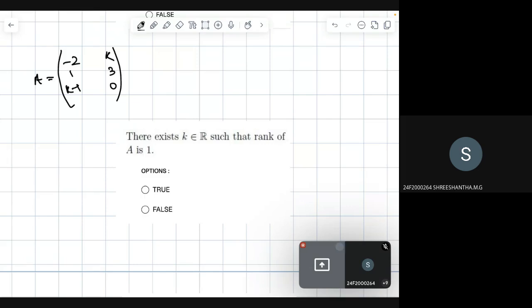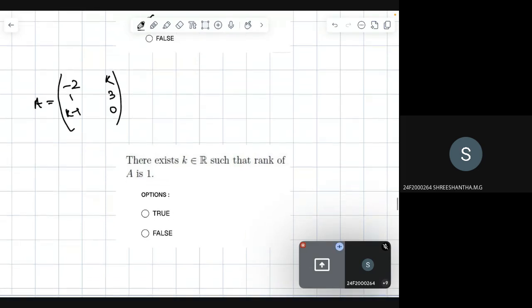So notice that there are two columns, and no matter what value of k we take, the rank of A is always 2, because it depends on this value and this value.